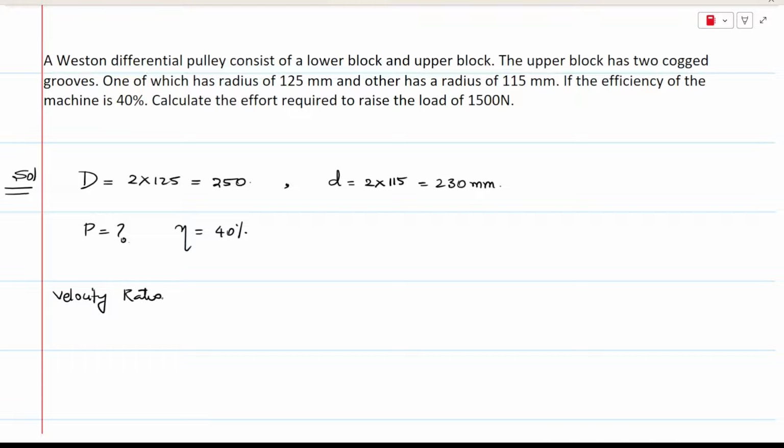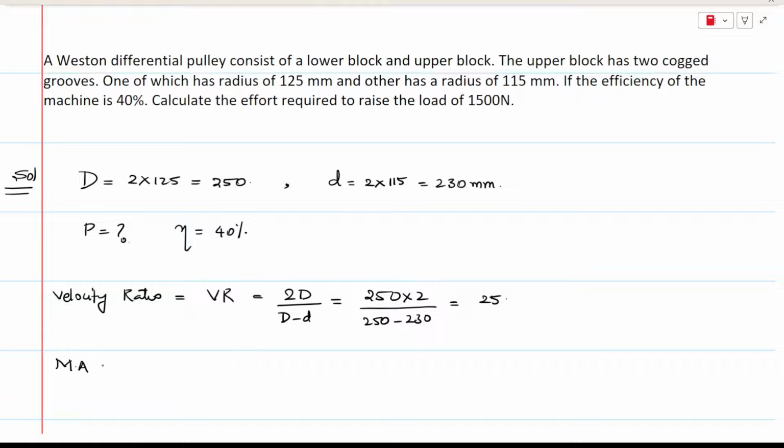Velocity ratio, that's VR, is equal to 2 times capital D divided by capital D minus small d, which is 250 into 2 divided by 250 minus 230, and this is equal to 25.